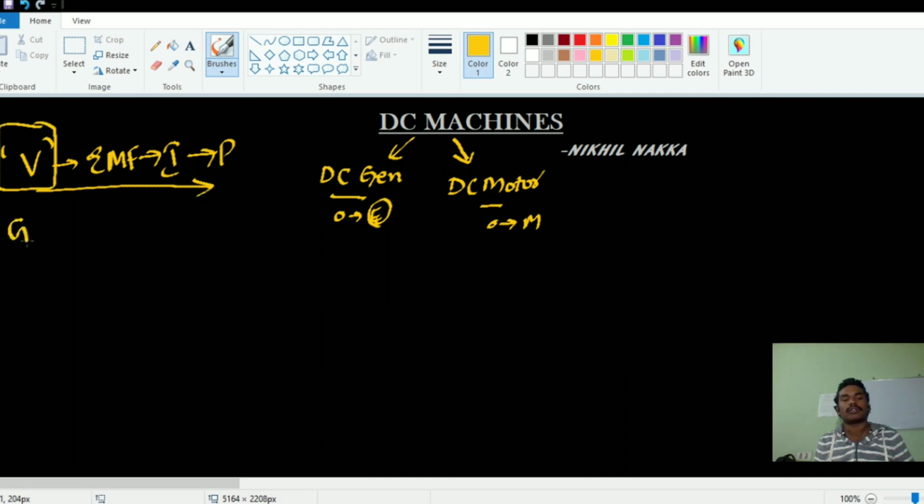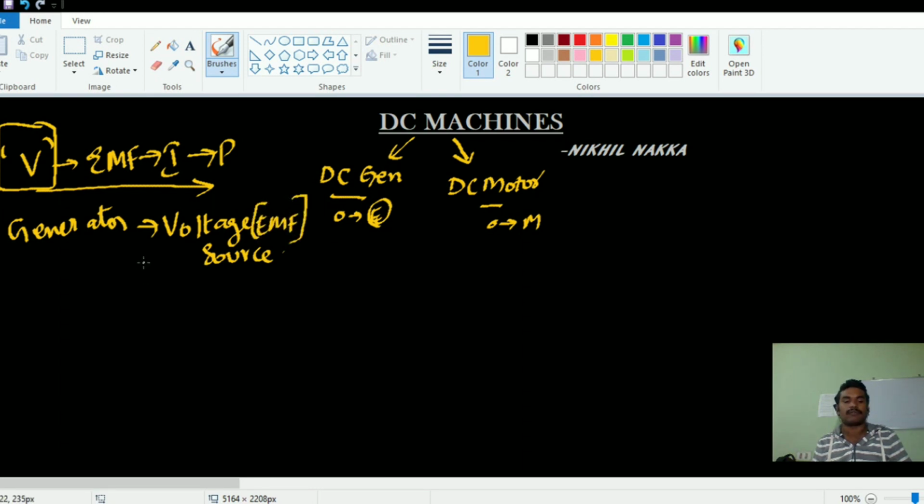So any generator is nothing but a voltage source. Voltage is nothing but EMF. So a generator is a source of EMF or a source of voltage. So we have to study how a generator will produce this EMF. We have to talk about EMF production.